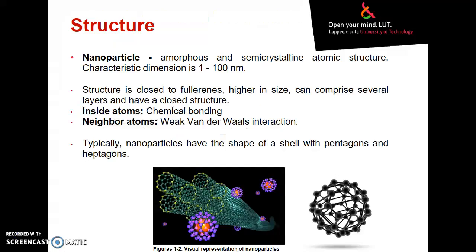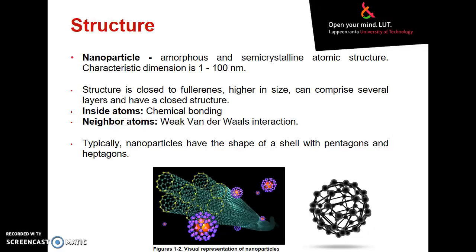So these nanoparticles have an amorphous and semi-crystalline atomic structure. Here in figures 1 and 2 we have a graphical representation of those particles. The characteristic dimension is between 1 and 100 nanometers. The structure is similar to fullerenes, but they are larger in size. They can have several layers and have a closed structure.